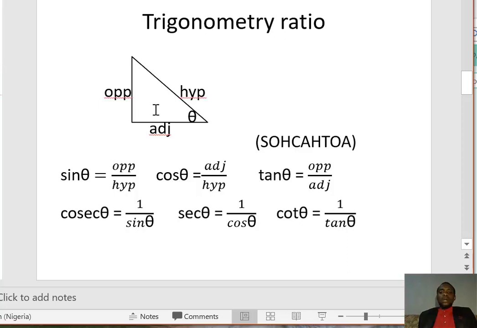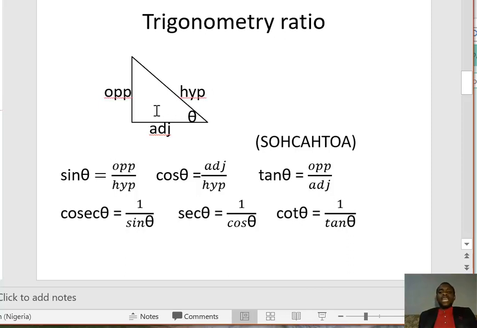The right angle triangle has three different sides, as you can see, and it is the only triangle whose three sides are given special names. First of all, we have the longest side of the triangle, which is the side that is facing the angle 90 degrees. It is named the hypotenuse.